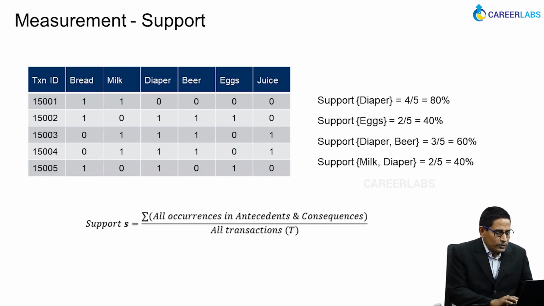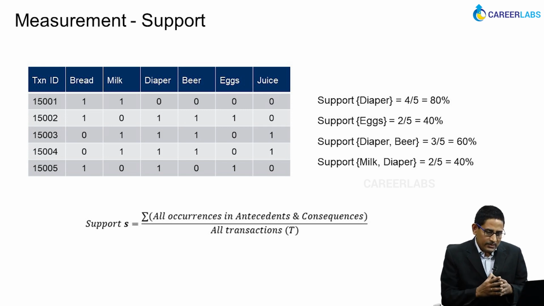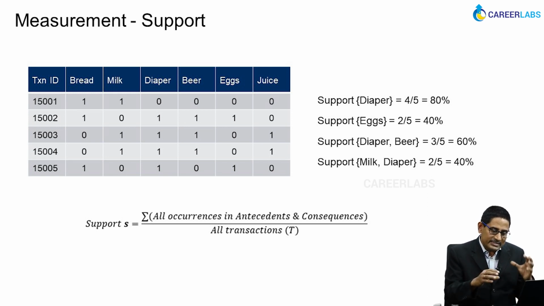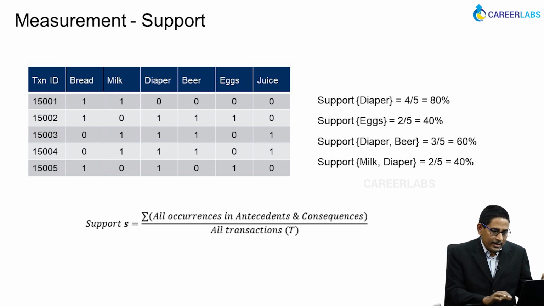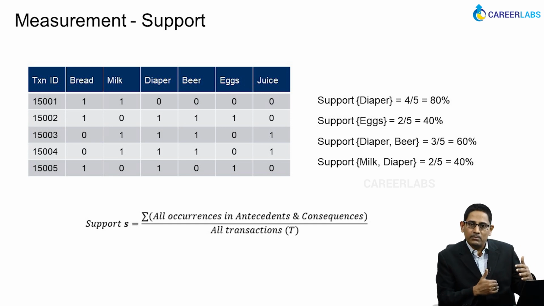Then we move on to something called as support, right? How do we compute support as part of it? Support of diaper, when we say it's 4 by 5, which means all the occurrences of antecedents and consequents divided by all transactions. So in this example, there are 4 cases of diaper which is being sold, whereas there are a total of 5 transactions.